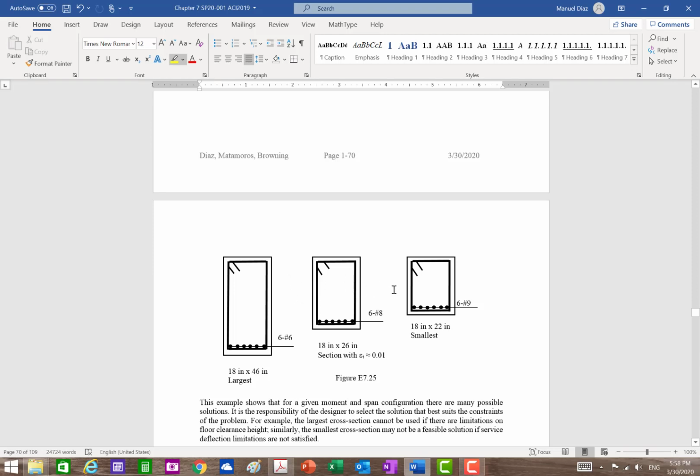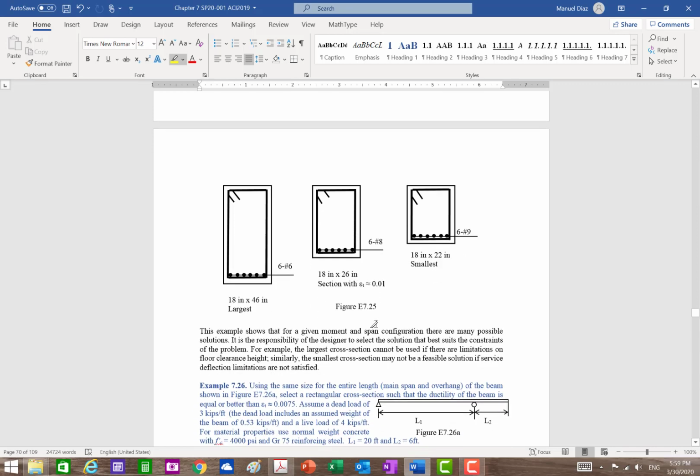The only way you're going to get one solution is if you put lots of constraints on your design. Otherwise, you have several solutions. So it is important to understand that you're not limited to just one solution. You will pick whatever is best for your design, for your floor system.